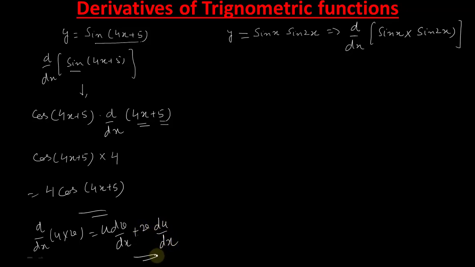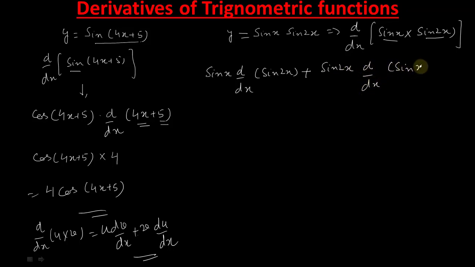So we will apply this formula. Suppose this is u and this is v. So u as it is, sin x, dy by dx of sin 2x, plus sin 2x as it is, dy by dx of sin x.